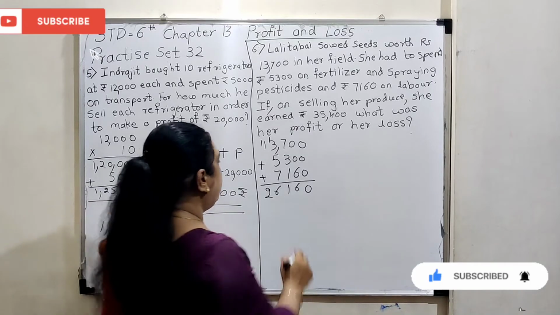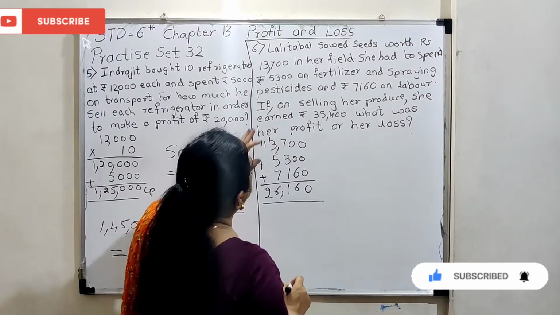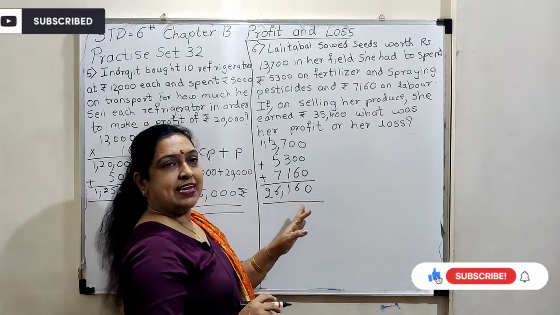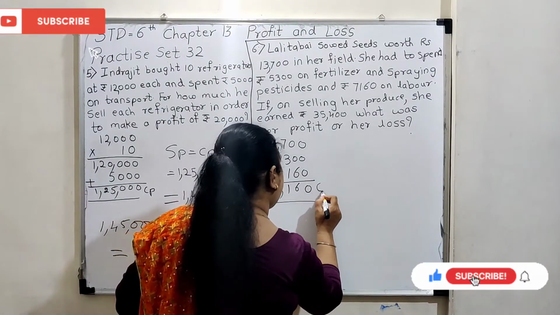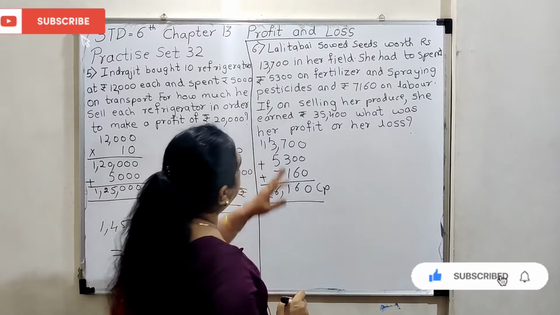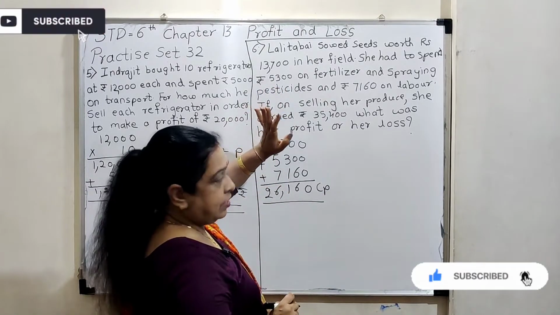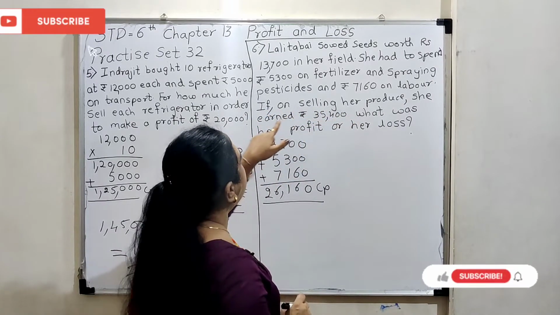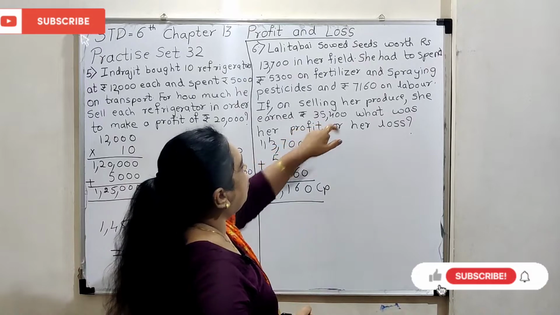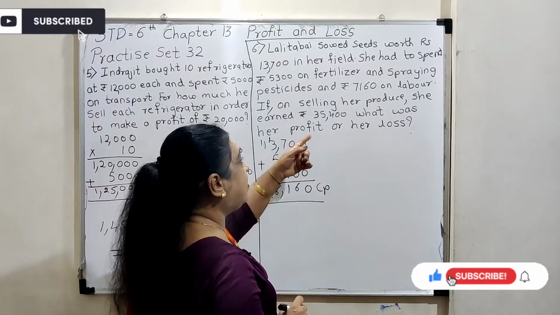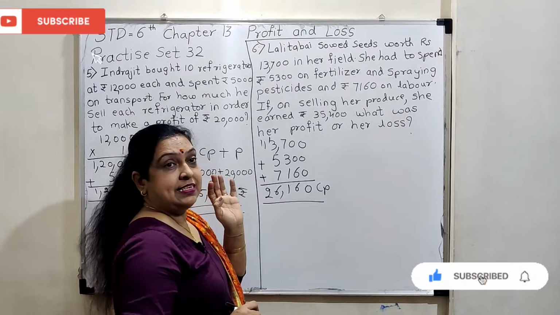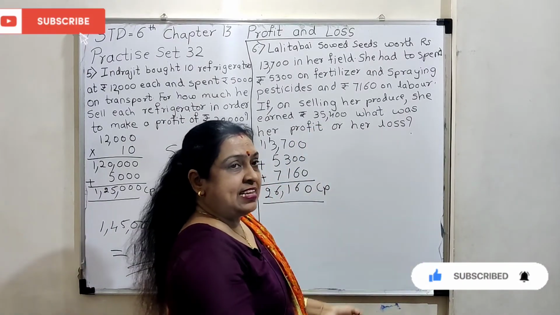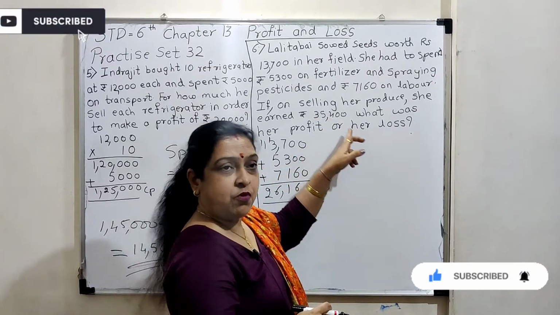So the total amount she spent is 26,160. This is the cost price. Now if on selling her produce she earned rupees 35,400, that means after sowing the seeds and after selling the produce she got 35,400 rupees.